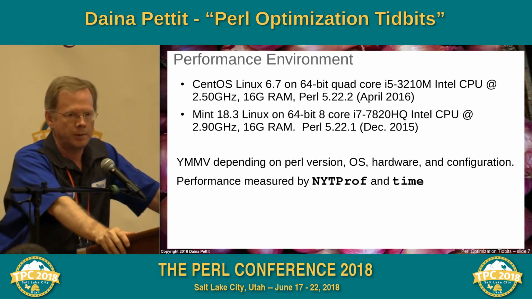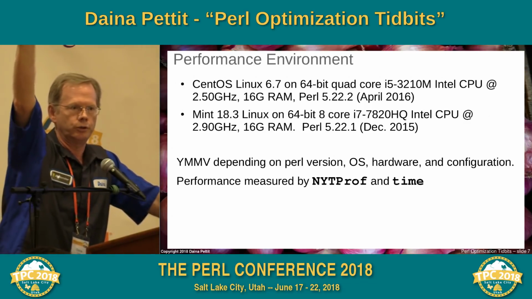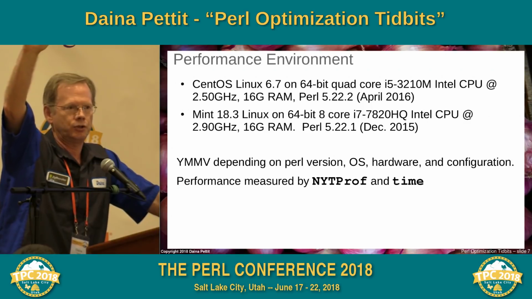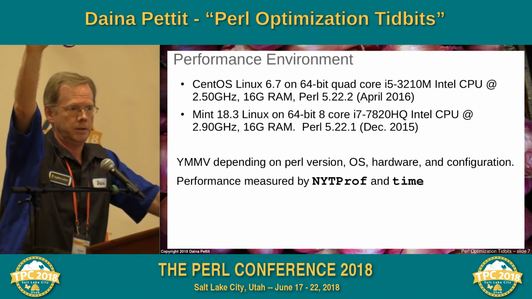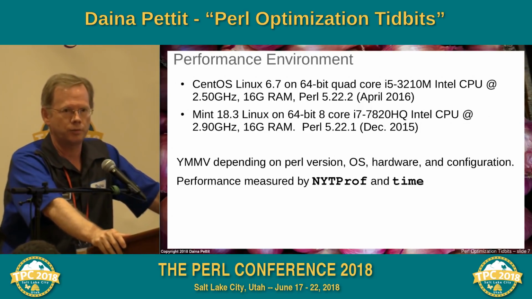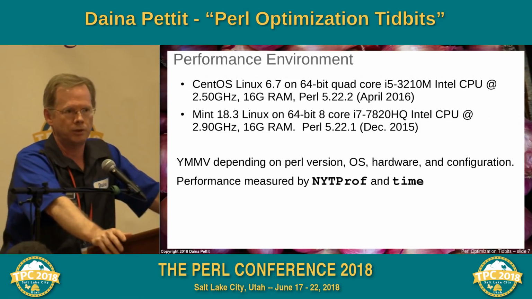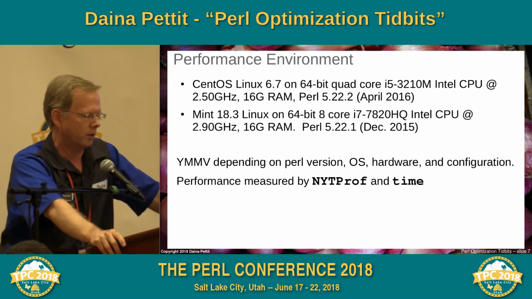A lot of people are trapped in an older version and can't get past like 5.10 or so. Is anybody stuck on 5.10 still? That is good news. Anybody stuck below 5.18? I'm sorry, but it's okay. A lot of us end up in that situation. It's because there are other dependencies that will break things, and it just is a problem. So a lot of these numbers will be comparable for all of you.